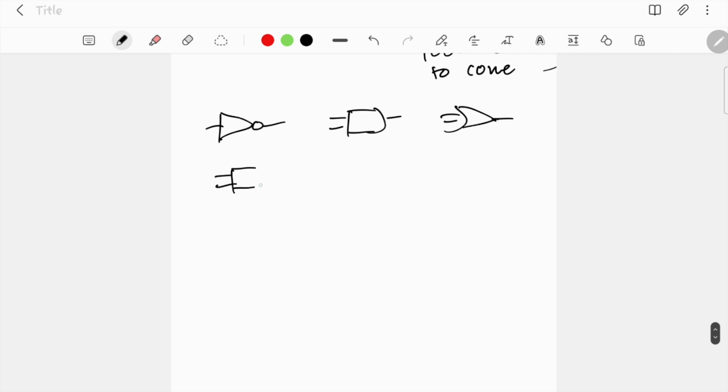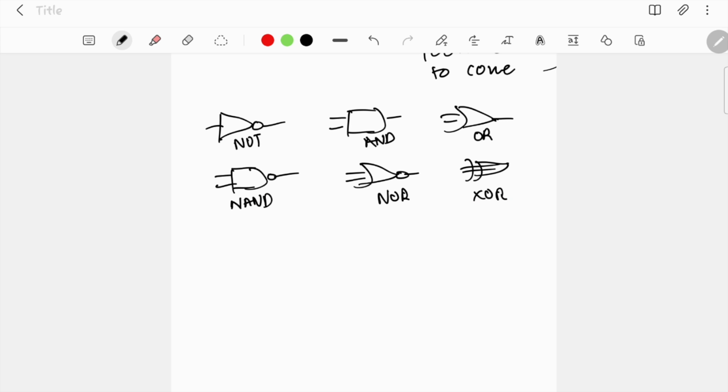We have the NAND gate, which is the opposite of the AND gate. We have the NOR gate. Then we have the XOR gate. Ooh, I drew that really bad. So OR and OR, oops, sorry, this is a NOT gate. NAND, NOR, and then XOR.